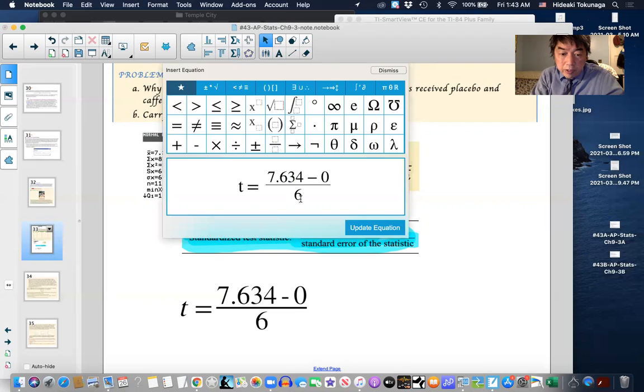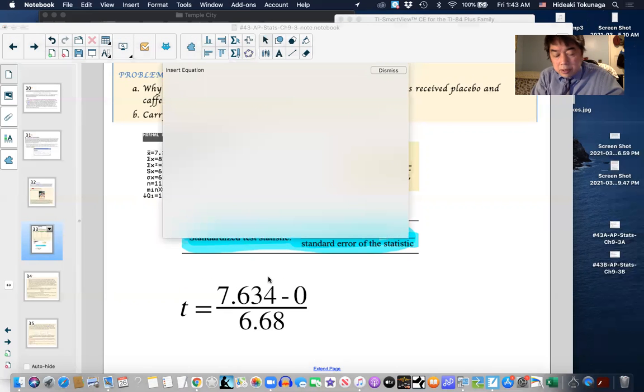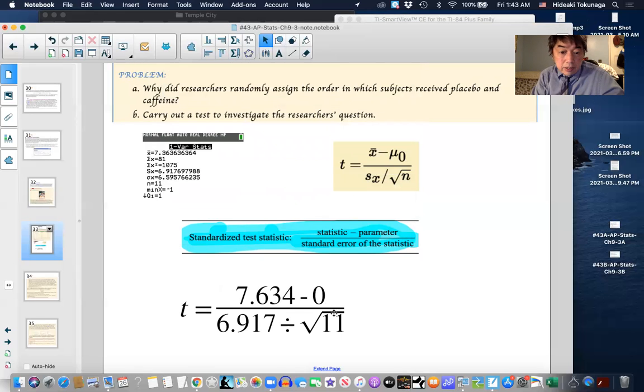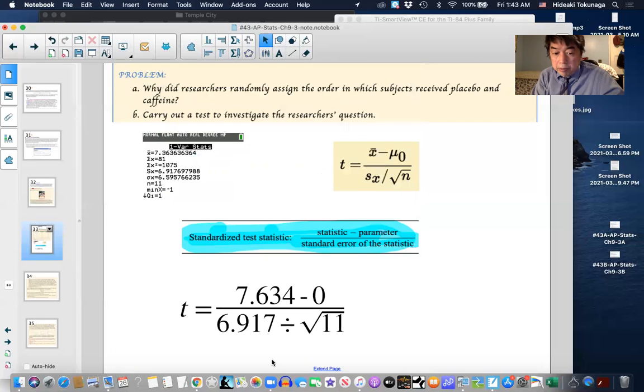Okay, one thing I forgot to do is, what did I say? 6.917. I still have to divide here, right? By the square root of, we don't call it sample, but subject size, which is, I think, 11 subjects. Yeah. So this is 11, right? Okay.